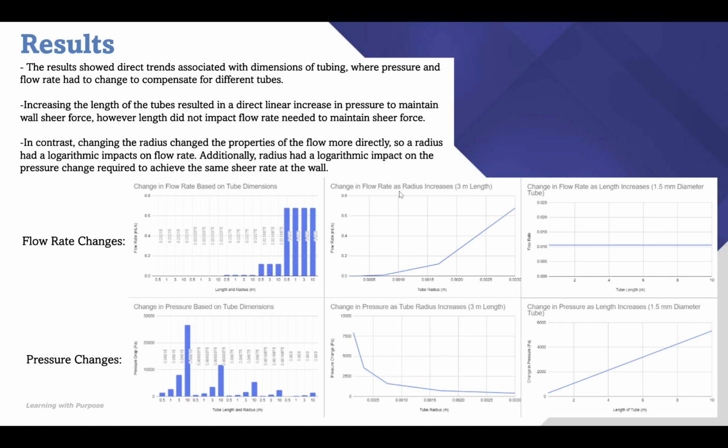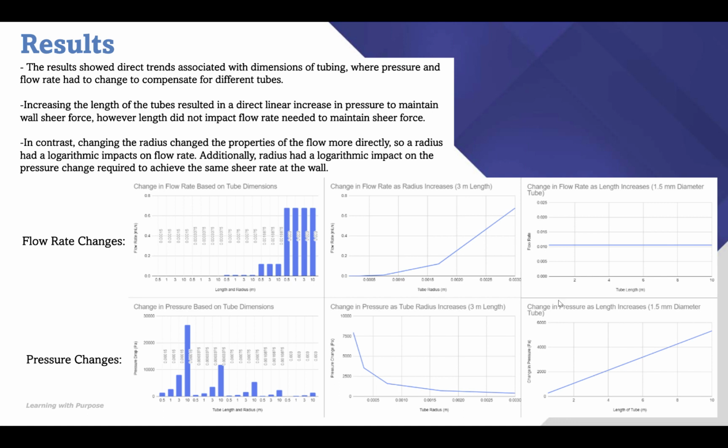For our results, we saw some trends particularly associated with the dimensions, as to what had to be manipulated with the pressure in order to maintain the shear rate, based on the changes in diameter, radius, and length.